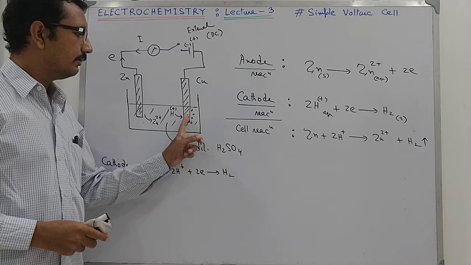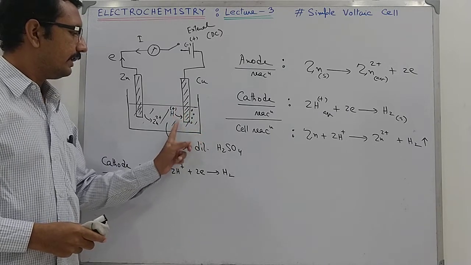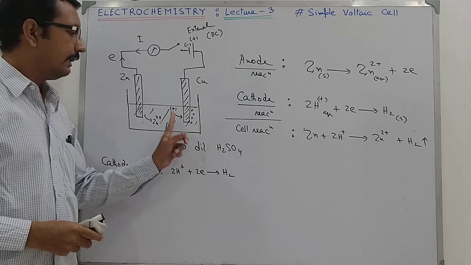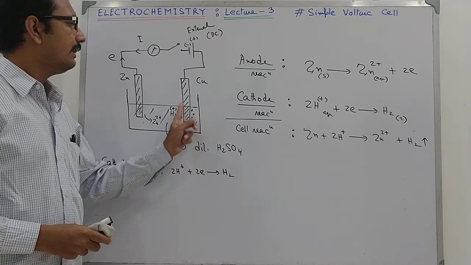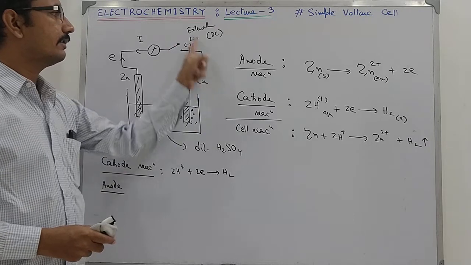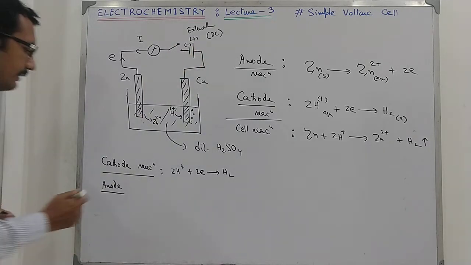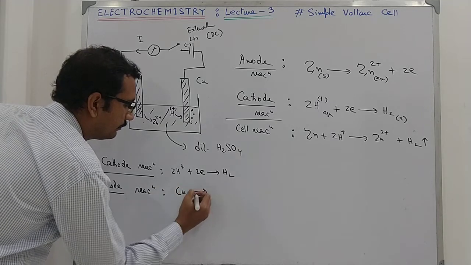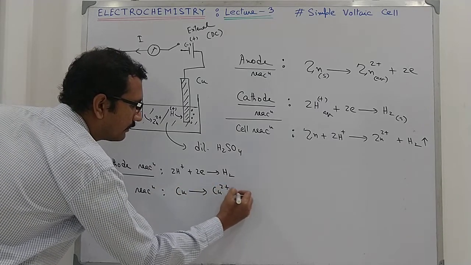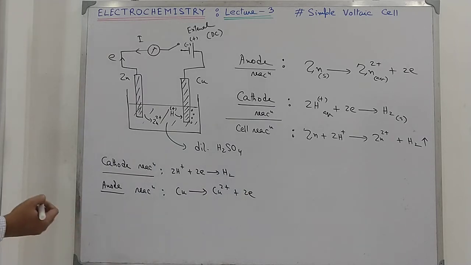Copper atoms will pass into the solution as Cu2+, and it will leave the electrons within this electrode, which will be extracted by this external power source. So the anode reaction, that is the oxidation reaction, will be Cu → Cu2+ + 2e-.